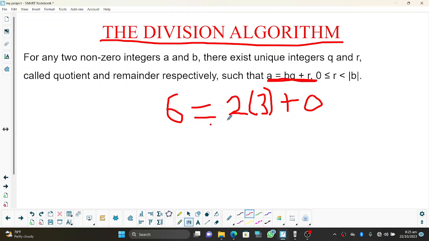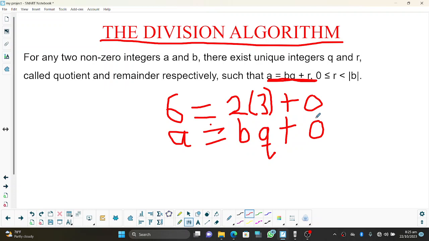So 6 is equal to 2 multiplied by 3 plus 0, where a is 6, b is 2, the quotient q is 3, plus a remainder, which is 0. Multiplying 2 by 3 gives us a straight 6 with no remainder. In other cases you are going to get a remainder of 1, 2, 3, or 4, or whatever, so whatever remainder you get, you add it. So this equation stands.